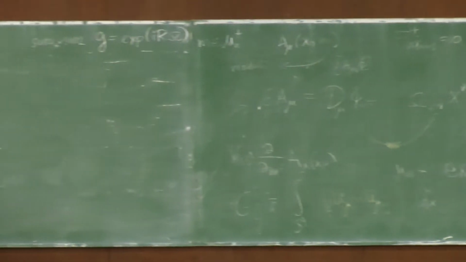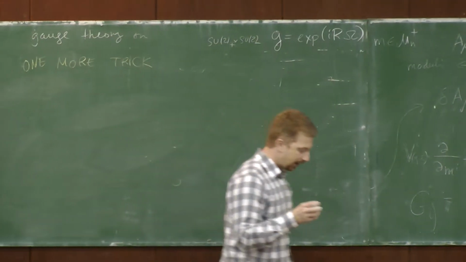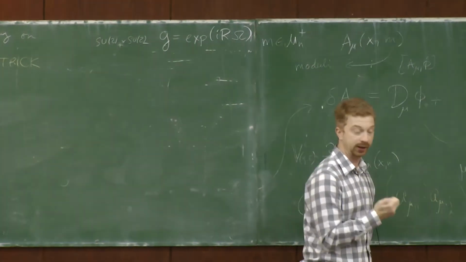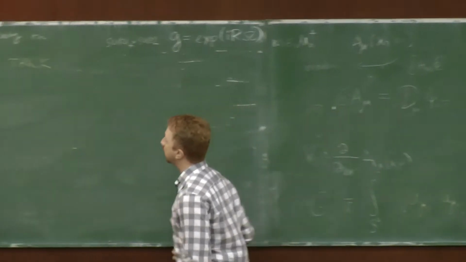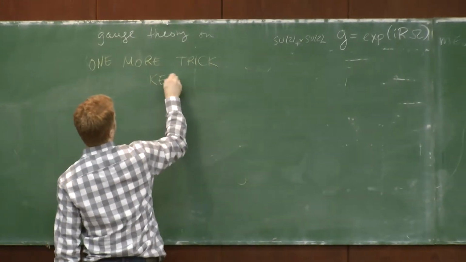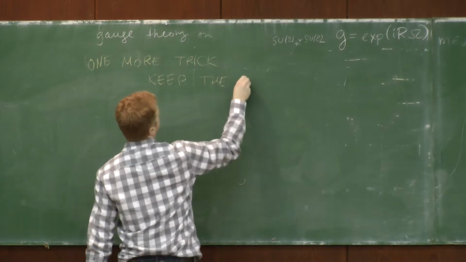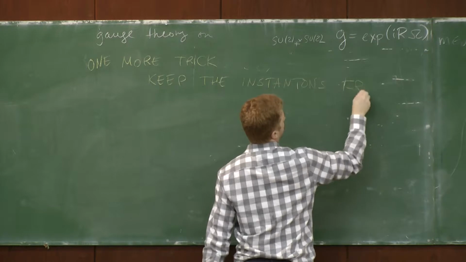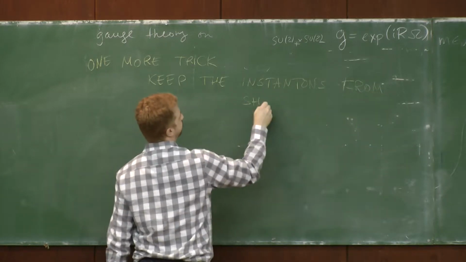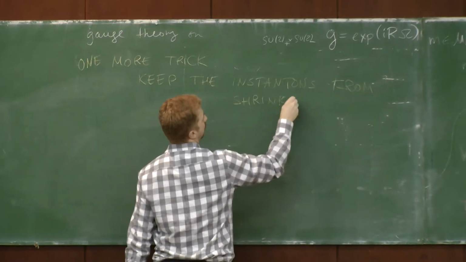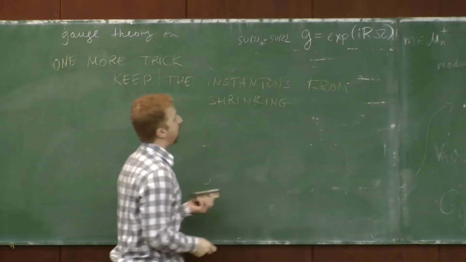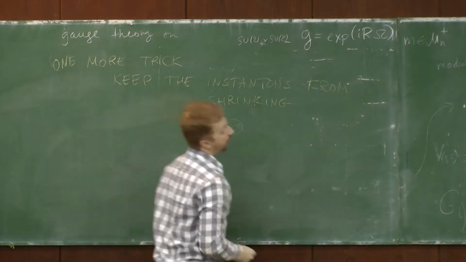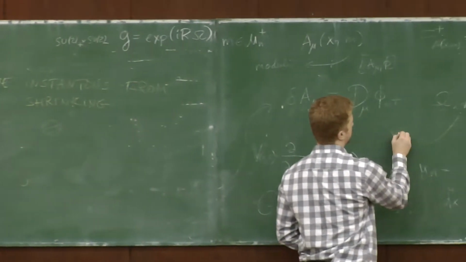Okay, so we need one more trick, which will prevent our instantons from becoming really point-like. The trick which will keep the instantons from shrinking. If there is some mechanism which doesn't allow the instanton to become smaller than some size, then you get a problem which looks much nicer now.